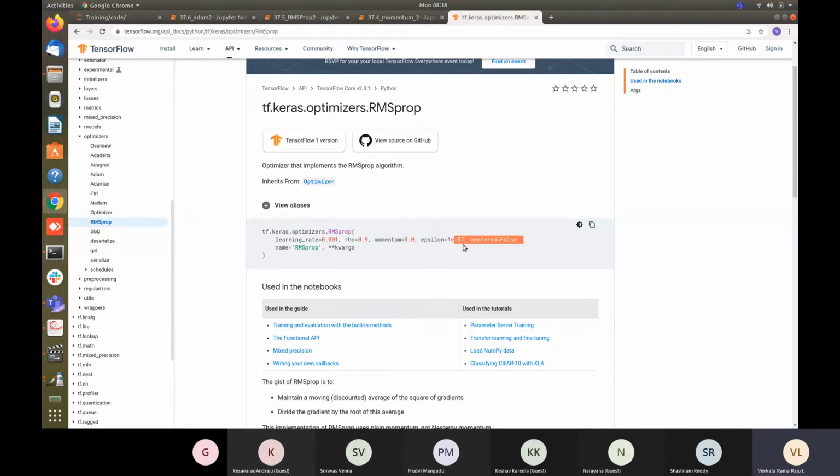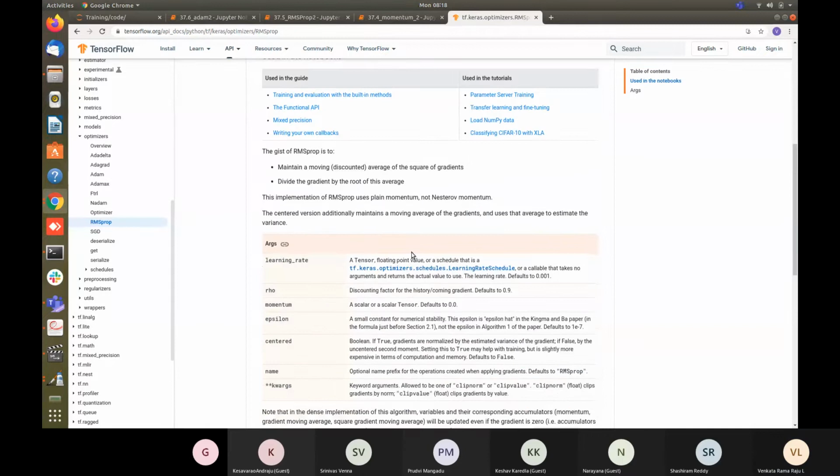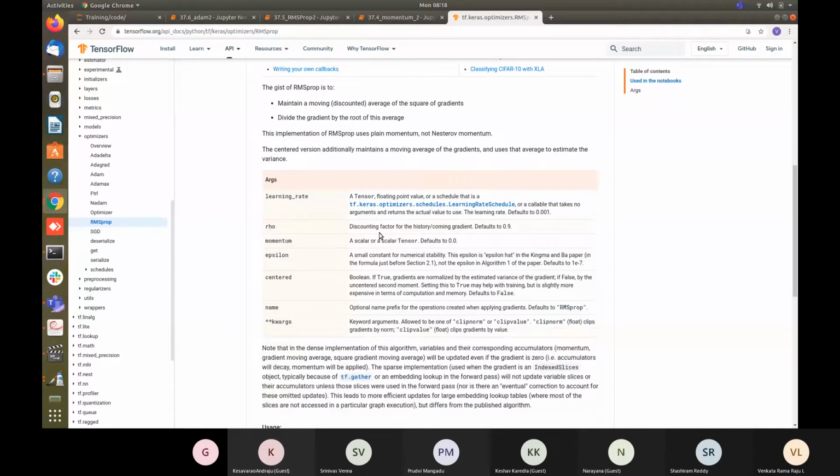Centered means mean centering. Do we want to do data mean centering or not? We anyway applied standard scaling, so there is no need for mean centering. Here rho, I don't know what it is. Discounting factor for the history.